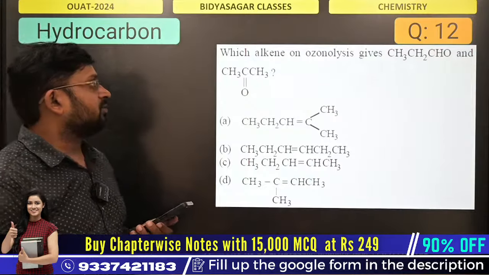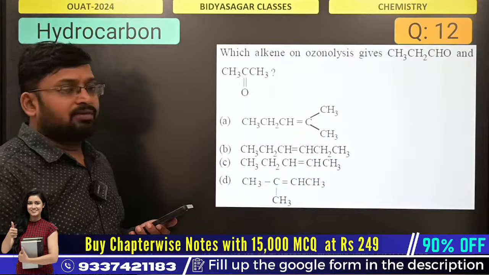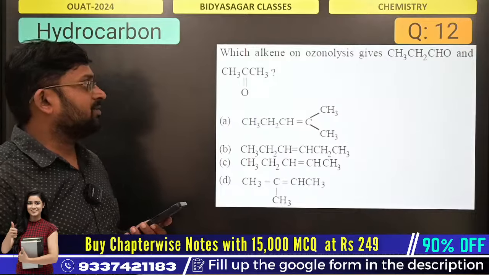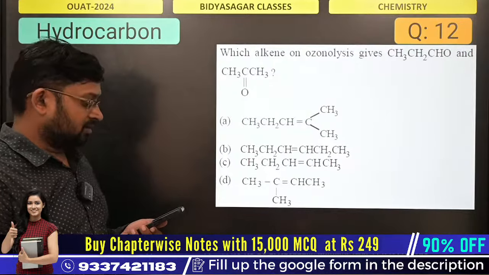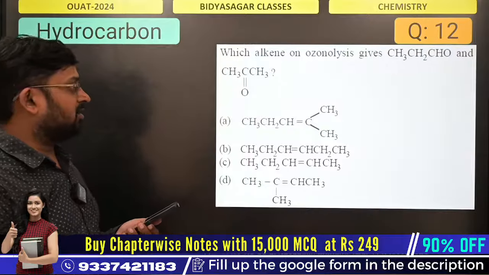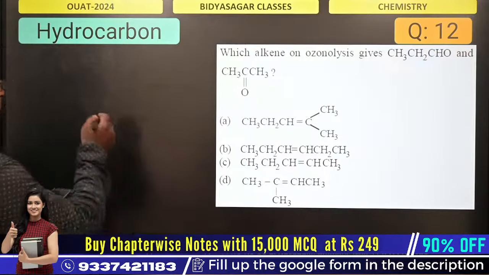Okay, very important question. Ozonolysis. Which alkene on ozonolysis gives CH3CH2CHO and CH3COCH3? I'll give you a trick, so we'll get the answer very quickly.